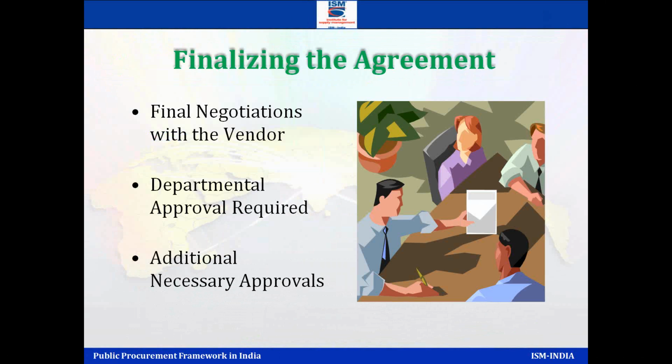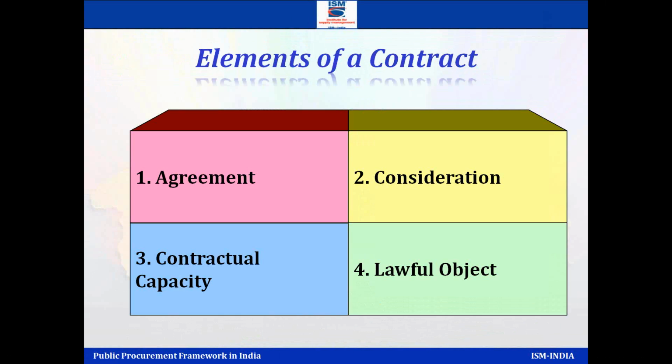Finalizing the agreements. So naturally now you're coming to the negotiation stage with the vendors. Department approvals required. Additional necessary approvals are required before an agreement becomes a contract. Now the elements of a contract are, there has to be an agreement, contractual capacity, there has to be consideration.